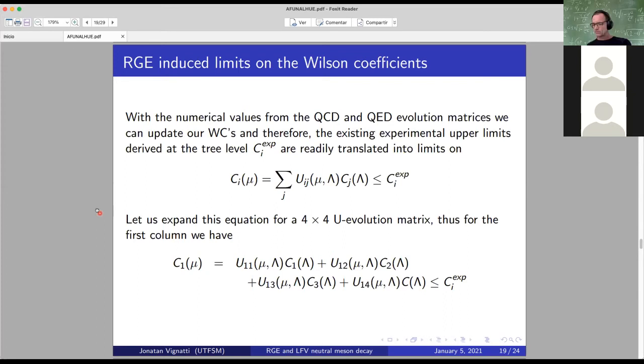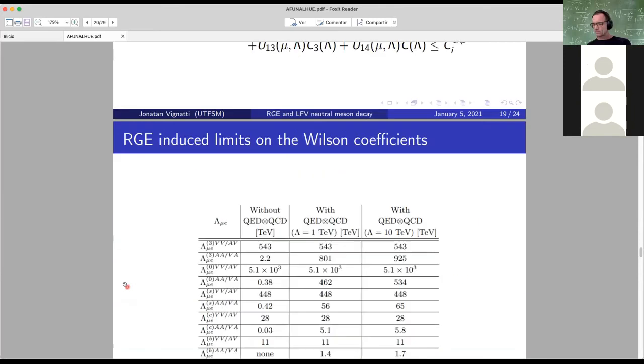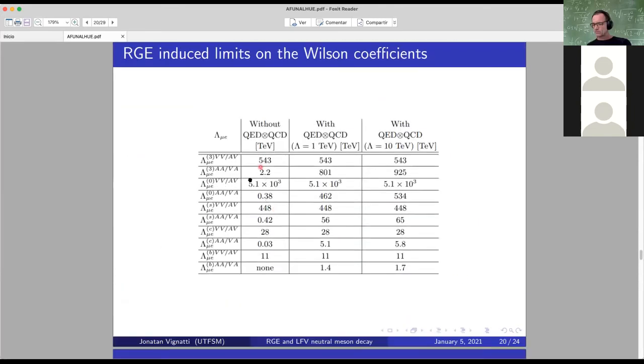Yes, Jonathan, you showed there that some of these coefficients grow from a number like 2 to 2 orders of magnitude larger, right? Yes. For example, the one in the second line there. Can you show exactly where in your calculation, what operator is this that gets such a huge enhancement?